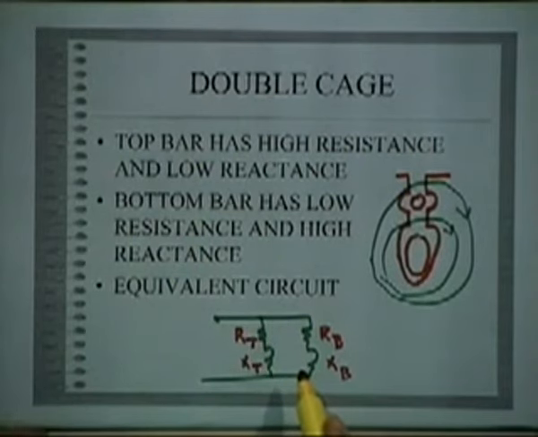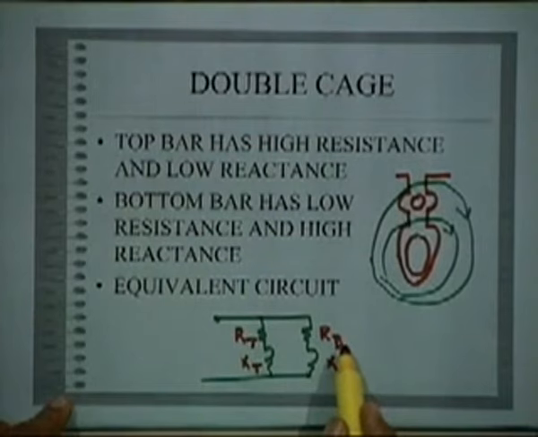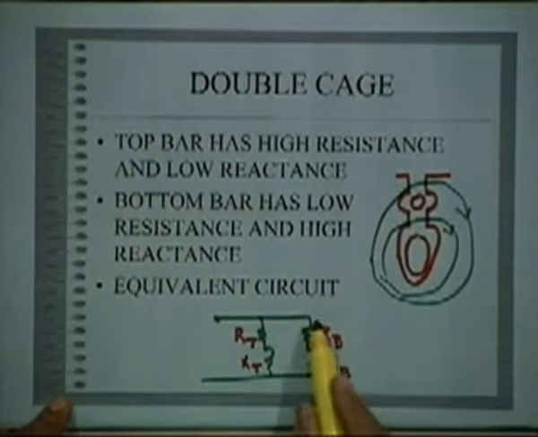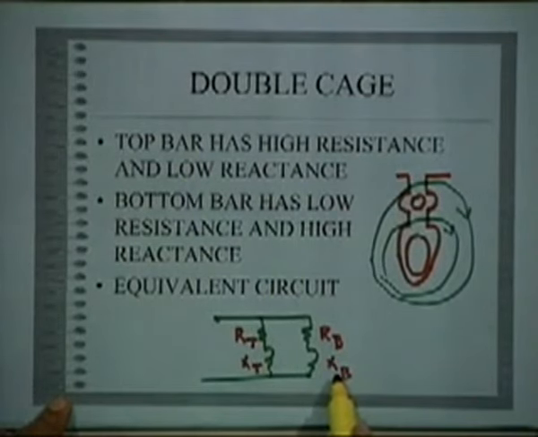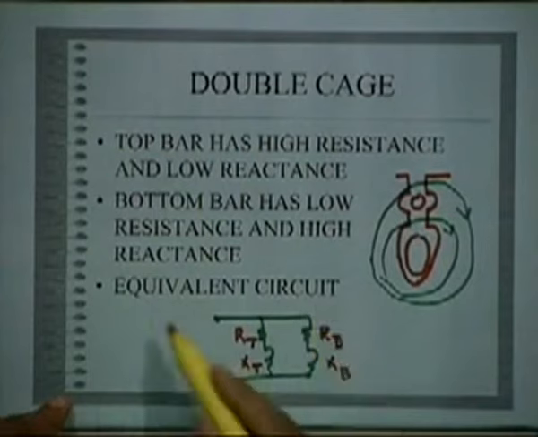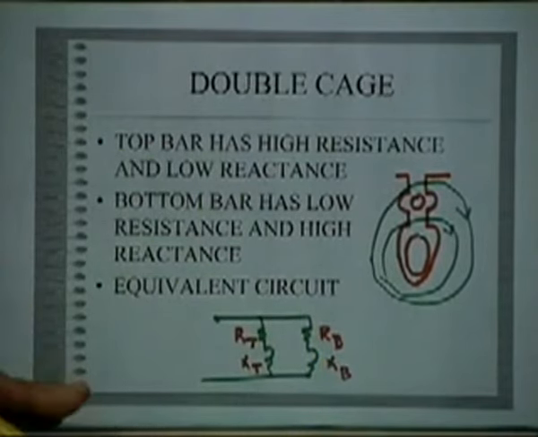At run condition, the bottom is more effective because it is a low resistance. Current will only flow through a low resistance parallel path, isn't it? And at low slip condition the reactance will be negligible. So this is the method in which we can get a starting performance by rotor design. In the next class, we will discuss a little more on the deep bar and other methods of starting.